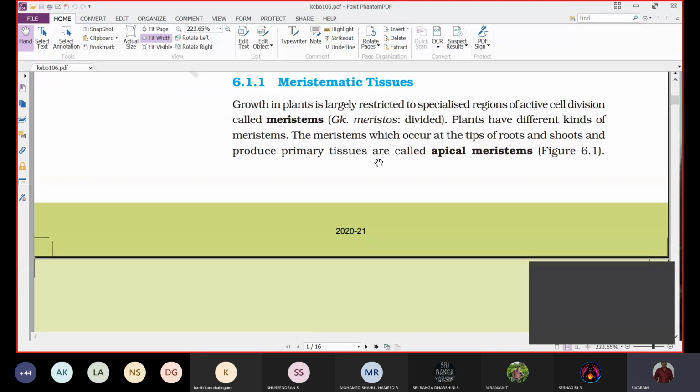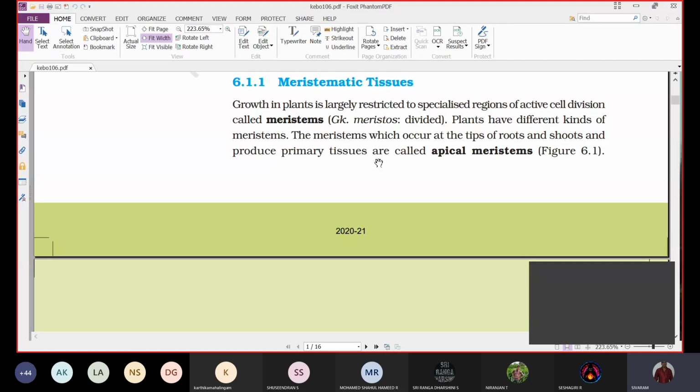That means in case of plants, the growth will not occur normally throughout the length of the plant body. We can observe the growth in plants is restricted to only certain regions, or specialized regions, of the body.